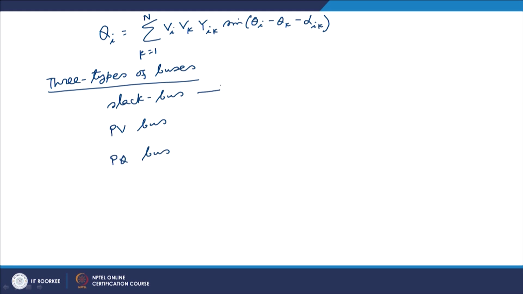At slack bus, known are V I and theta I, that is equal to 0. So, unknown are actually nothing, nil, because we are only trying to solve for the voltage magnitude and angle at all the buses, and after that if we know these voltage magnitudes and angles at all the buses, we would be able to calculate anything and everything.